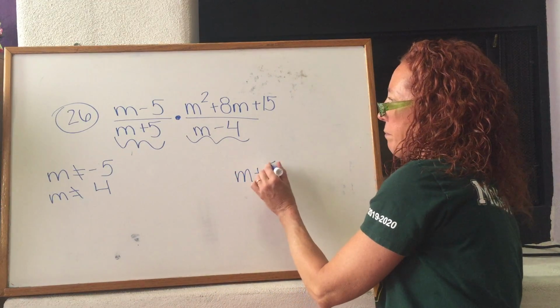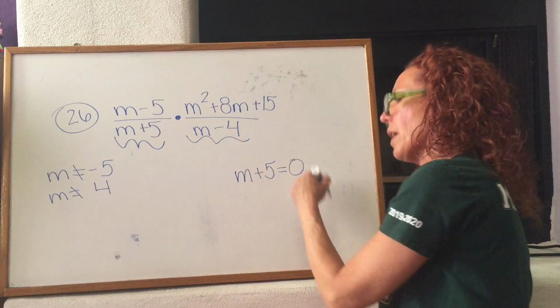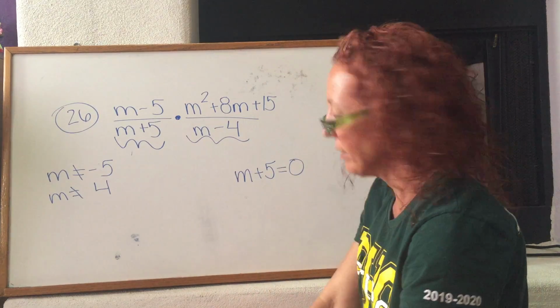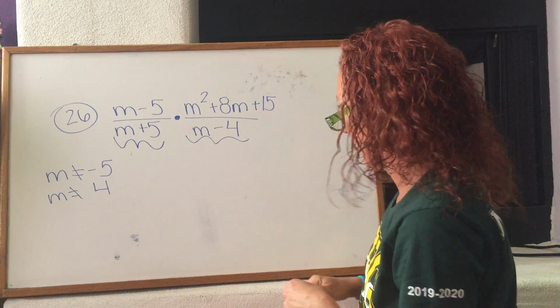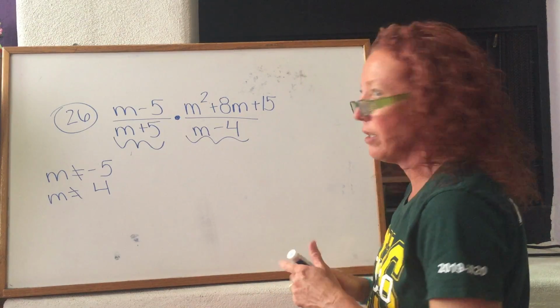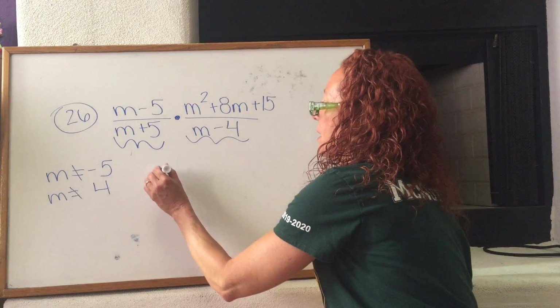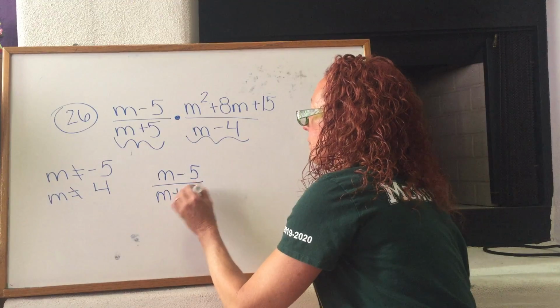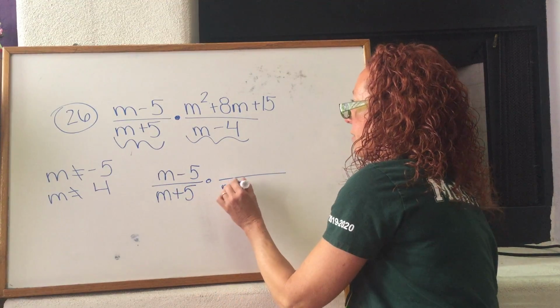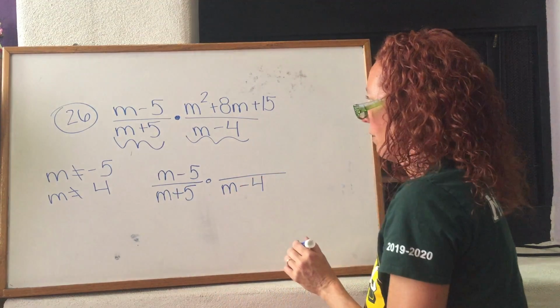So it is whatever makes those values 0. For instance, m plus 5 equals 0, subtract the 5, subtract the 5, and so on. Technically I think that's enough to get you the answer, but I'll go through it so that you see how to do the process. We don't even really have to factor there.